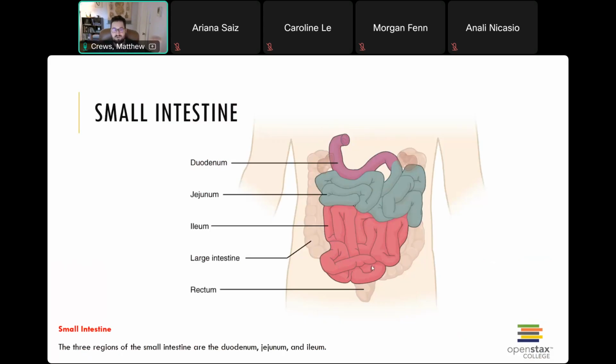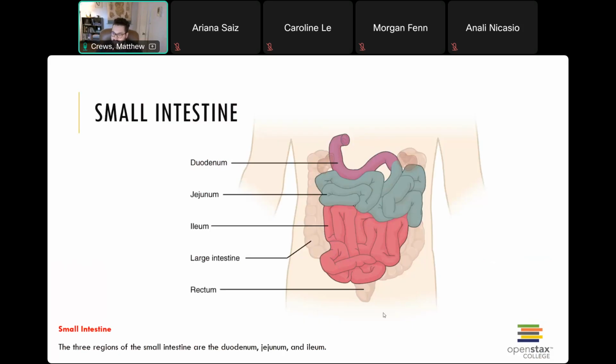If you were to stretch the whole small intestine out in a big long rope, you wouldn't really be able to tell, other than the duodenum being the most proximal one and the ileum the most distal one. You wouldn't really be able to tell what's what.